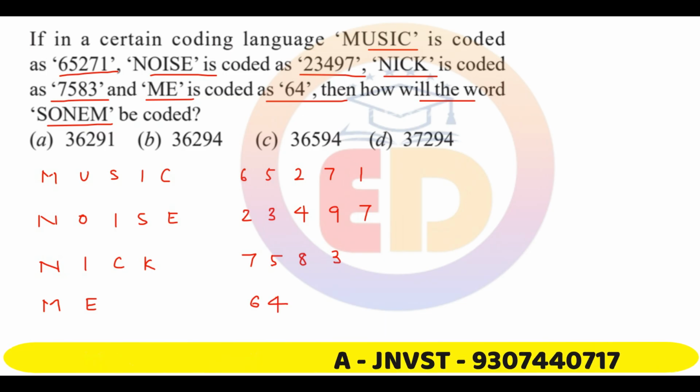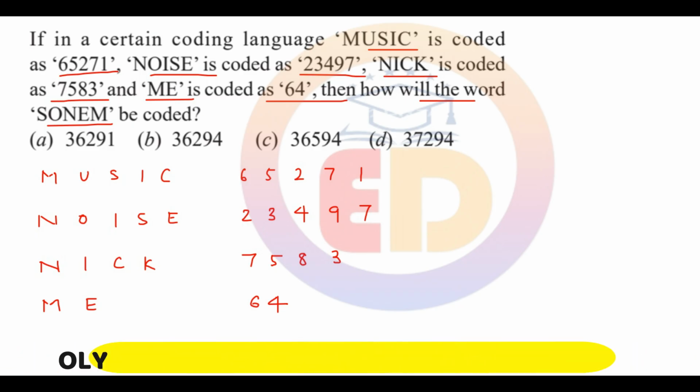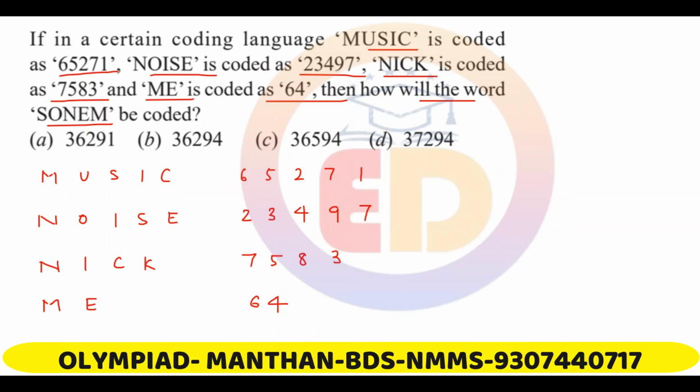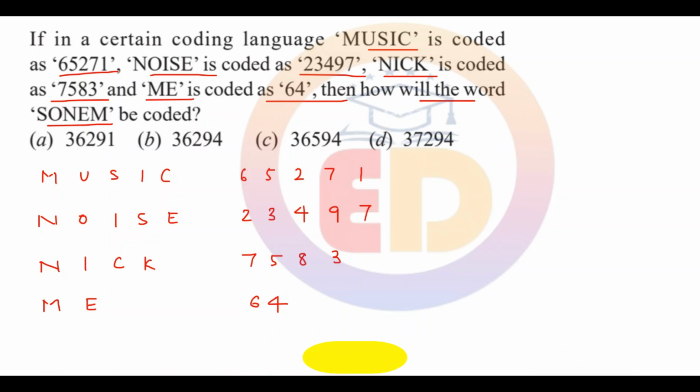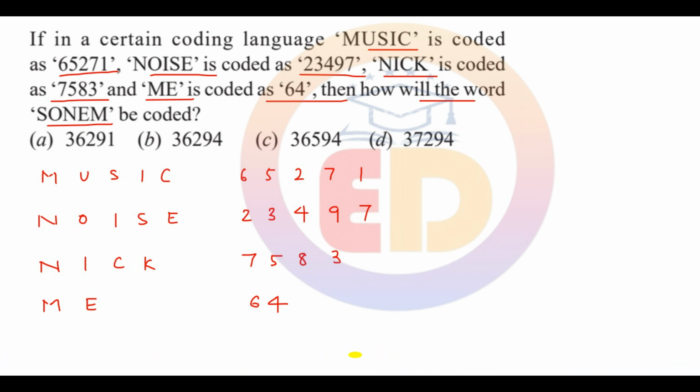the respective words are given, not the codes. Actually we have to work out the common codes. So for that let us compare the first and the second word.